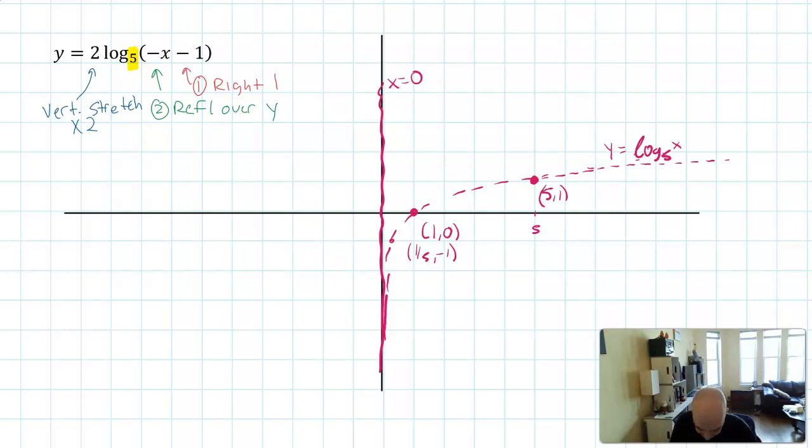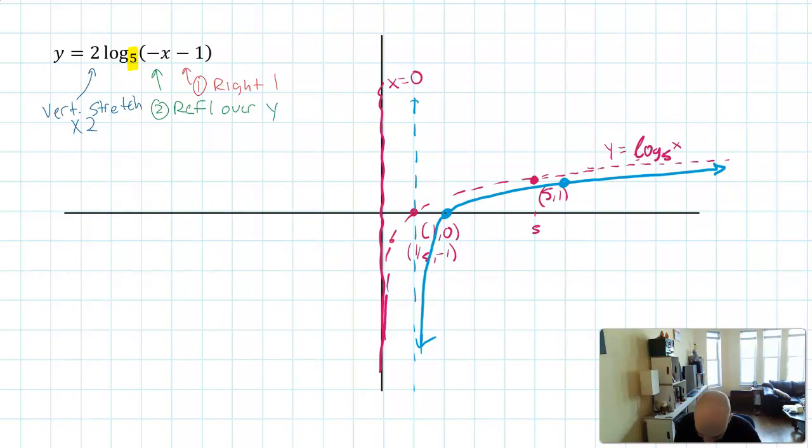Here we go. So shifting this graph right 1, we have to shift the vertical asymptote as well as every key point. Okay, something like this. I'm going to draw it as solid lines, and I think it'll be easier to draw.